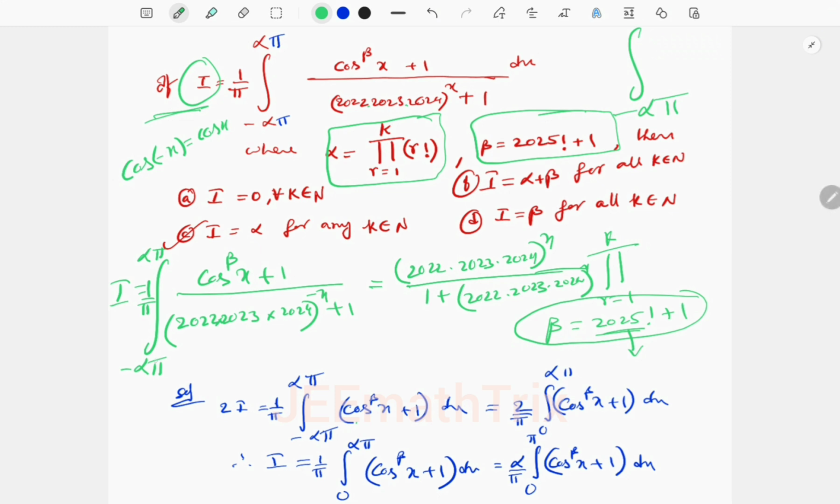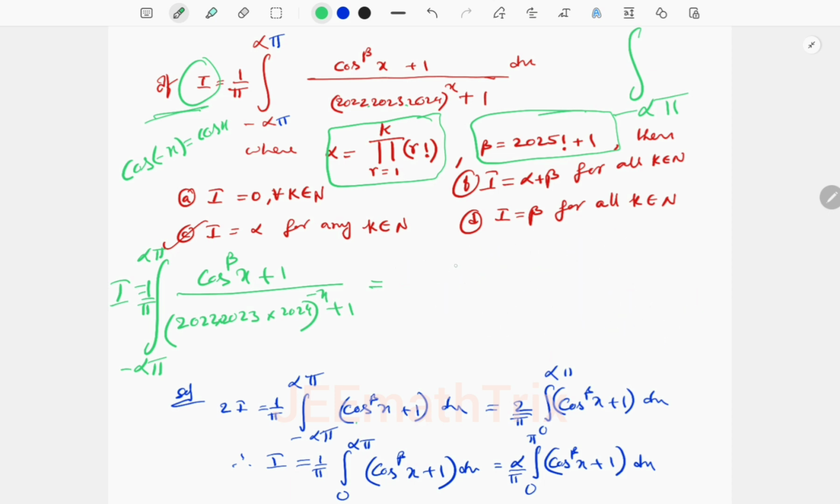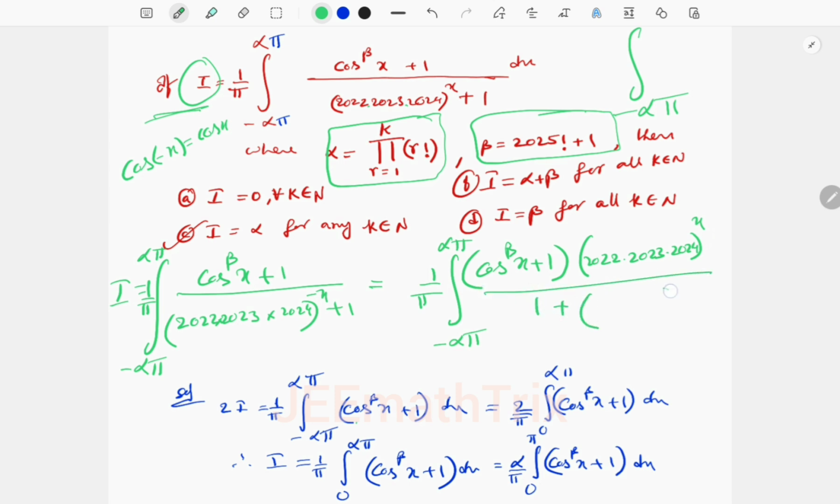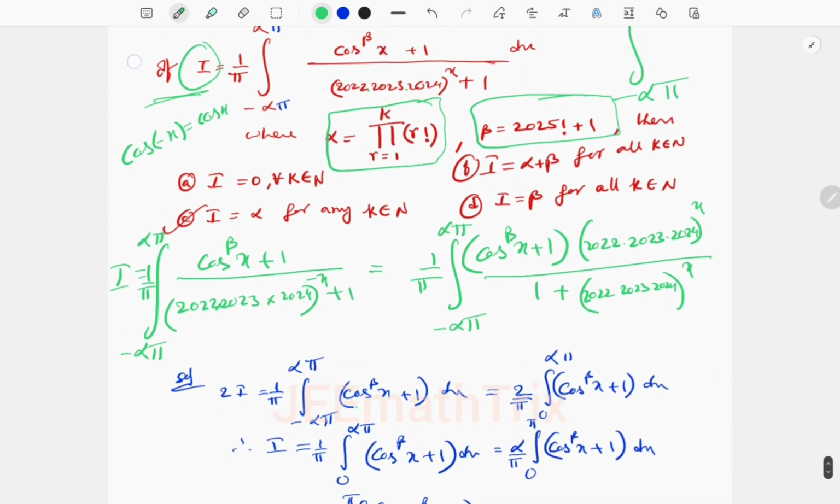The value of the integral from minus alpha pi to alpha pi is equal to 1 by pi, integral minus alpha pi to alpha pi of cos power beta x plus 1 into 2022 2023 2024 whole power x, whole divided by 1 plus the whole power x of 2022 2023 2024. These big numbers are just to confuse or scare us, but we need to be careful. So just add the given I and this value.